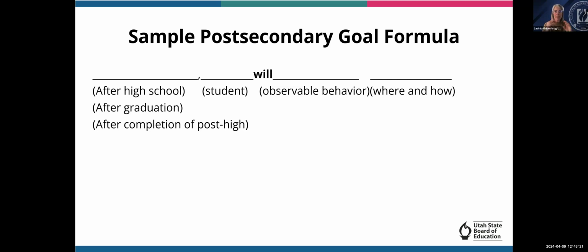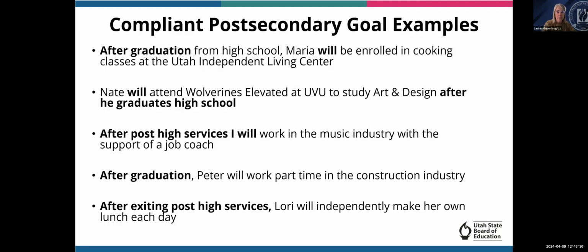So you want to ask yourself the question, can I see the student doing this, right? If I look down the road 5 years, can I see the student doing it? So it has to be an observable behavior. And then you can add information as to where that's going to happen or how that's going to happen. And I'll provide you a bunch of examples.